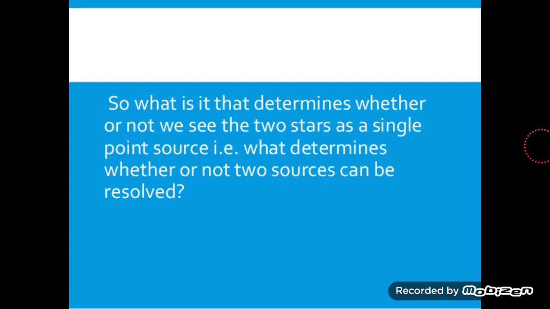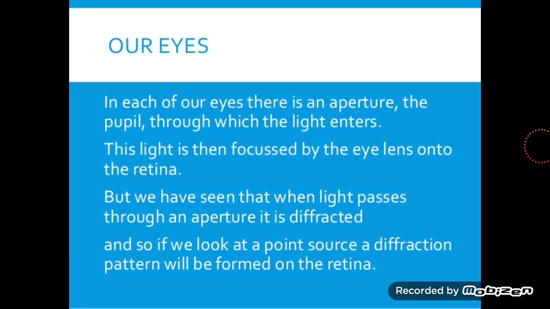So, what is it that determines whether or not we see the two stars as a single point source? That is, what determines whether or not two sources can be resolved? About our eyes, in each of our eyes there is an aperture, the pupil, through which the light enters.